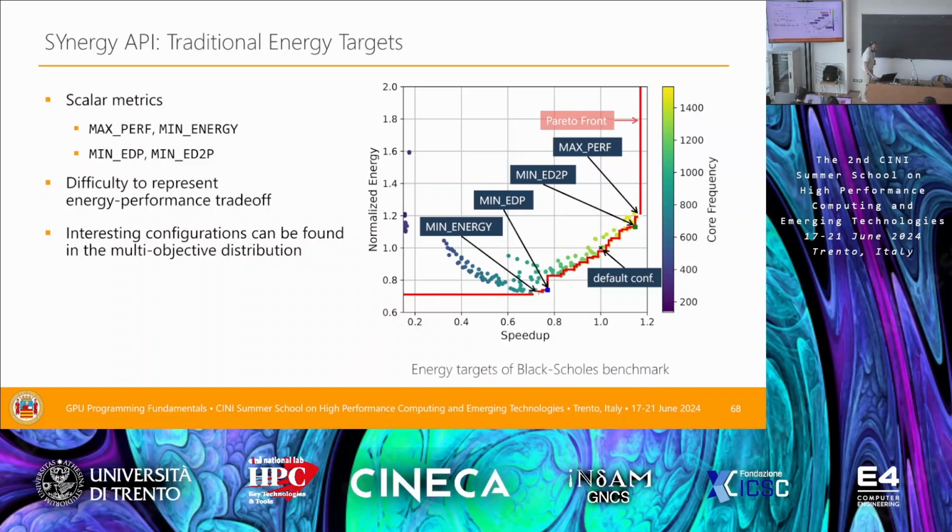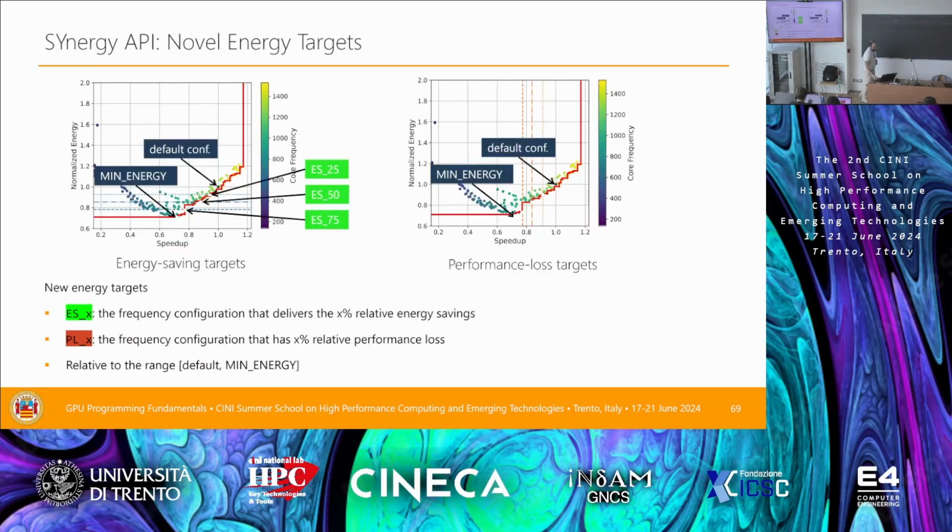So what we did is also to add more metrics if you want a trade-off solution. For instance, if you want a solution that allows you to save 25% of the potential saving you have, you get this point here. ES50 is this point here, ES75 is this point here. So you can really dig into all the Pareto optimal solutions.